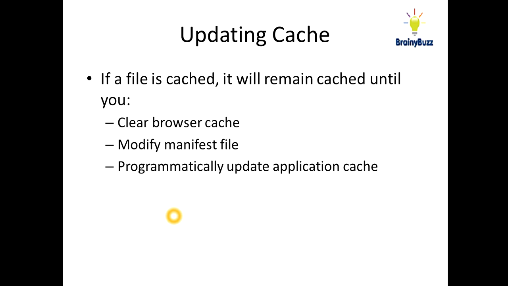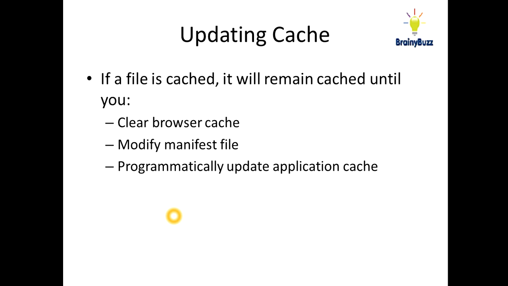Another thing is updating the cache. If a file is cached, it will remain cached until you clear the browser cache, modify the manifest file, or programmatically update the application cache. Otherwise you will be watching the old version of that particular file, but you have to update the cached file.